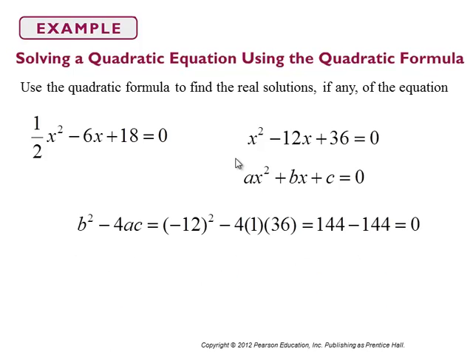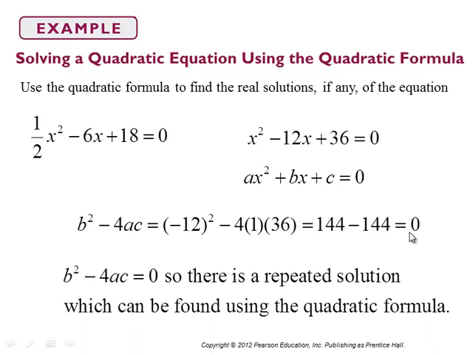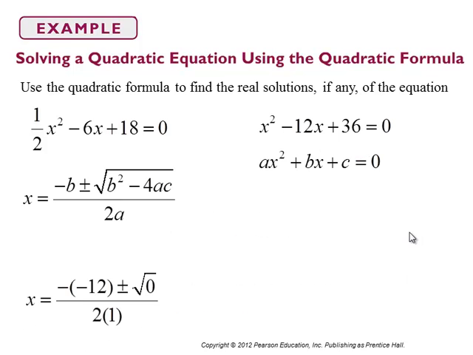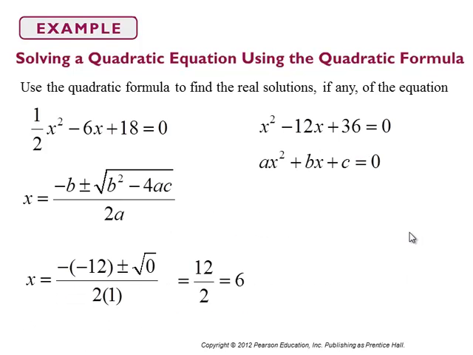And note that, by the way, that the discriminant works out to be 0 in this case, in which case x will just be your negative b over 2a, which is going to be 12 over 2, which is 6. There's only one solution in this case. Okay?